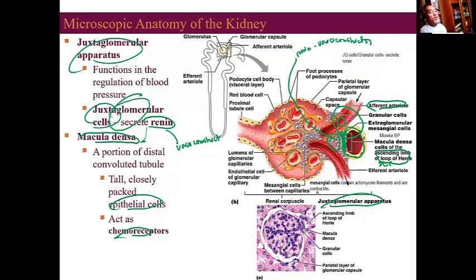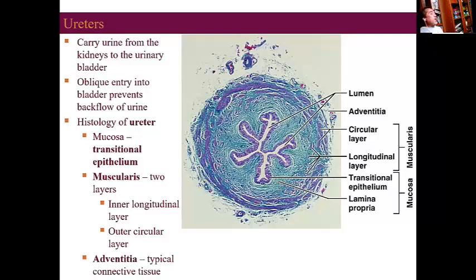Once it's noted that it's low, then it will secrete renin, which is a vasoconstrictor. The purpose of vasoconstriction is to maintain blood pressure. Okay, so we finished with all the microscopic structures. Just remember there's a lot of physiology in that concept, but we're not going to be tested on physiology, we're just being tested on anatomy.